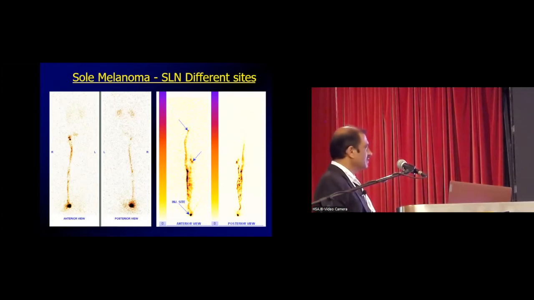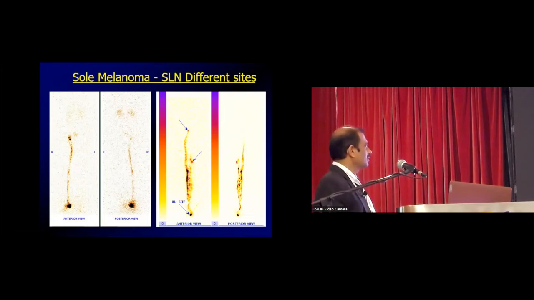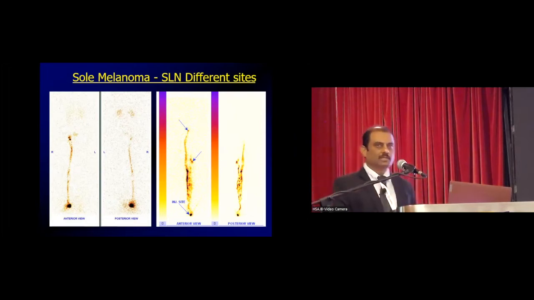If you are injecting the tracer in the plantar aspect of the foot, you can either have the inguinal node as the sentinel, or you can actually have the popliteal node as the sentinel. So which comes first? You cannot make out if you do a static image. So that's where you have to, immediately after the injection, like a dynamic study, do a whole body imaging or a whole lower limb imaging.